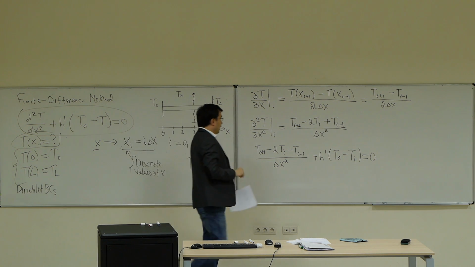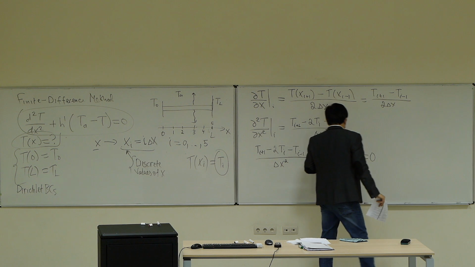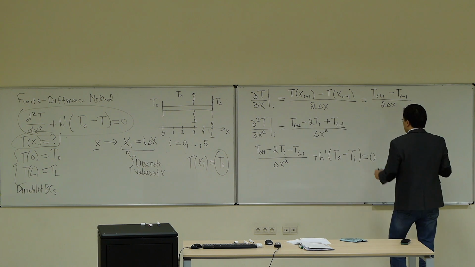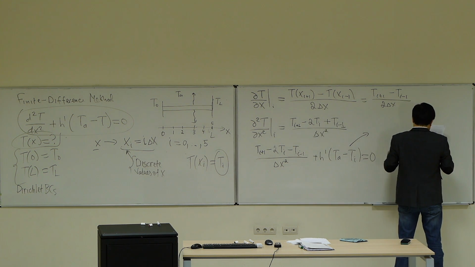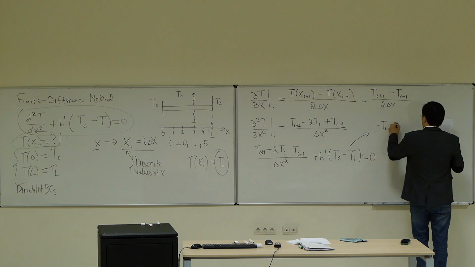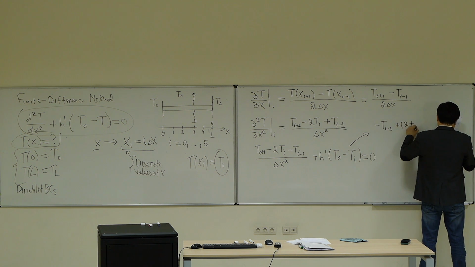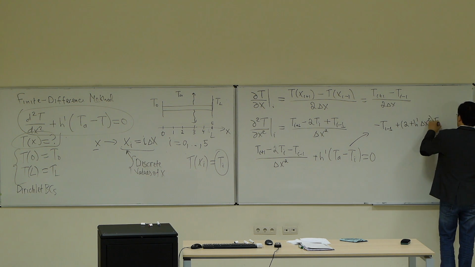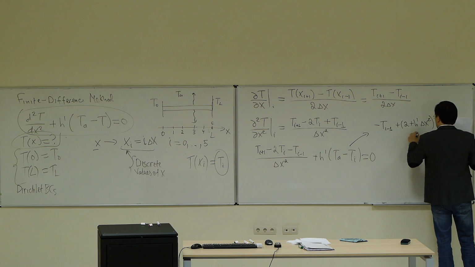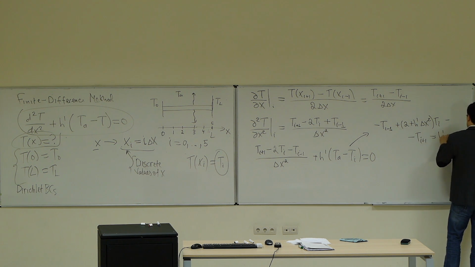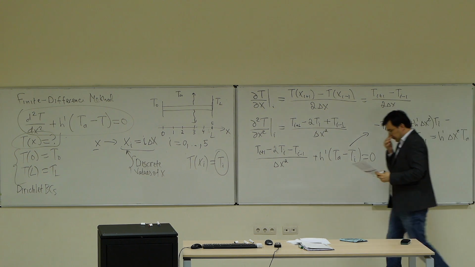All right, now I still have to find these T_i's. What shall I do? I'm going to rewrite this equation in a slightly different way: minus T_{i-1} plus (2 + h'Δx²) T_i minus T_{i+1} is equal to h'Δx² T_a.